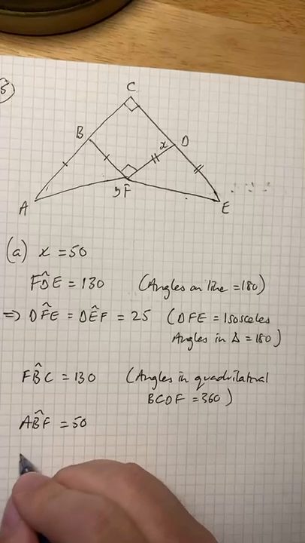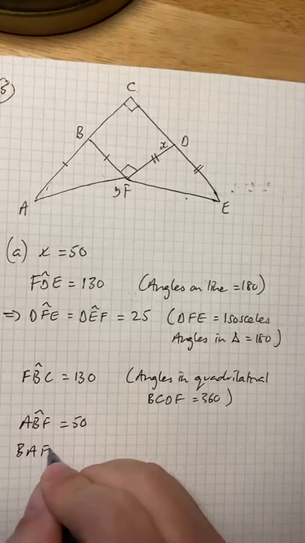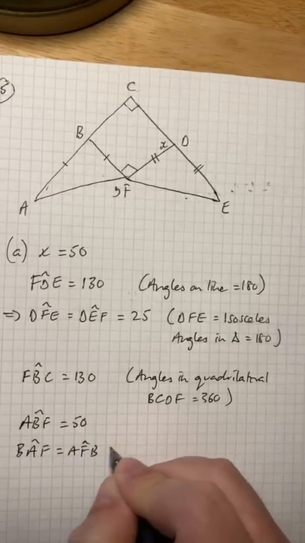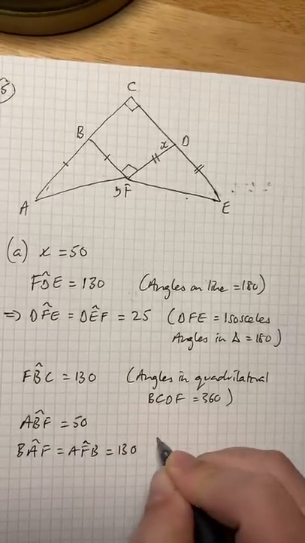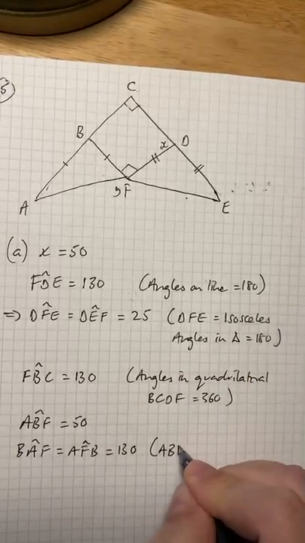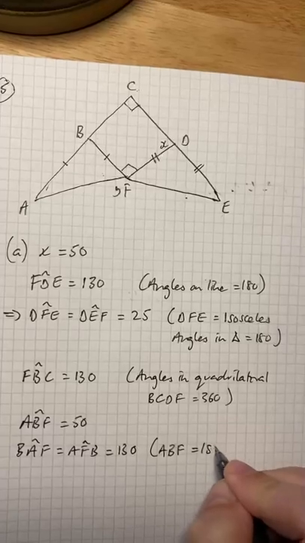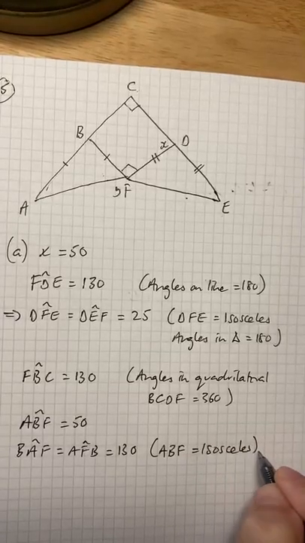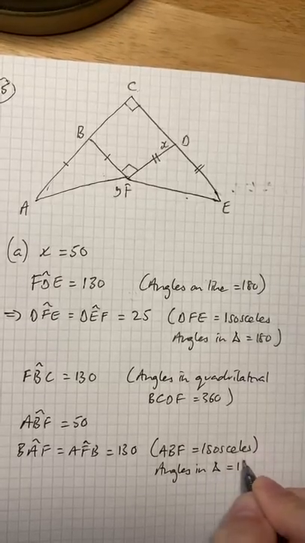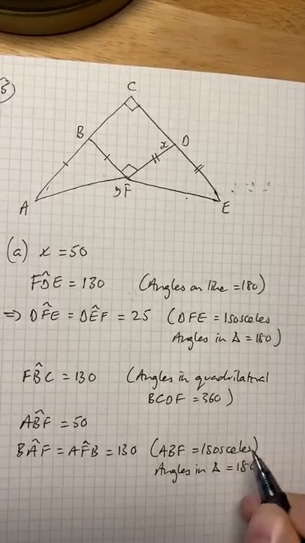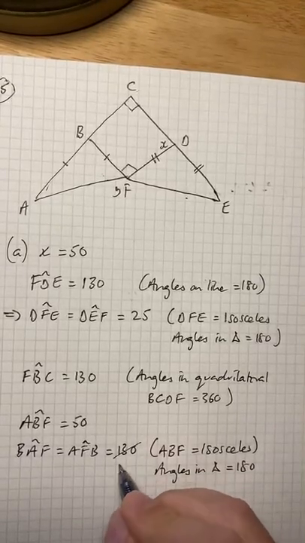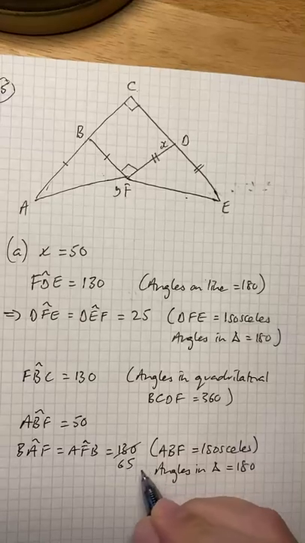So we've got BAF equals AFB. Same sort of reasoning as this. ABF is isosceles. Angles in a triangle equal 180. Except it's not 130. Cancel that. It's divided by 2, which is 65.